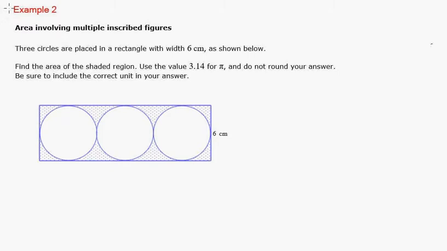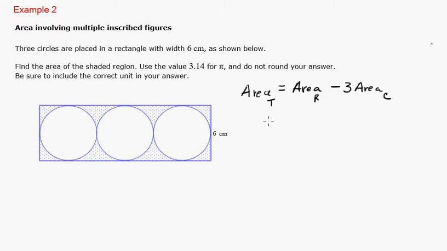So you can think of this as the area of the total is going to be equal to the area of the rectangle, let's just say R, minus the area of the circle, but there's 3 circles, and fortunately they're all the same size. So minus 3 times the area of the circle. That's sort of like our high-level starting place.